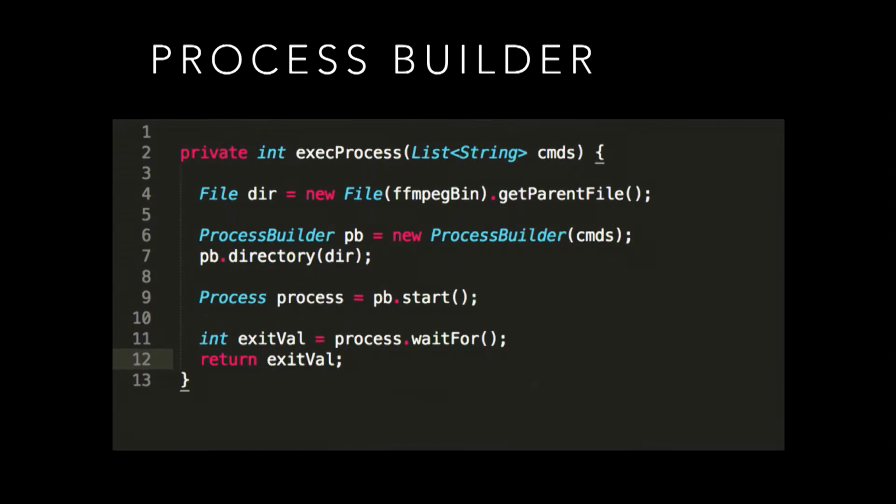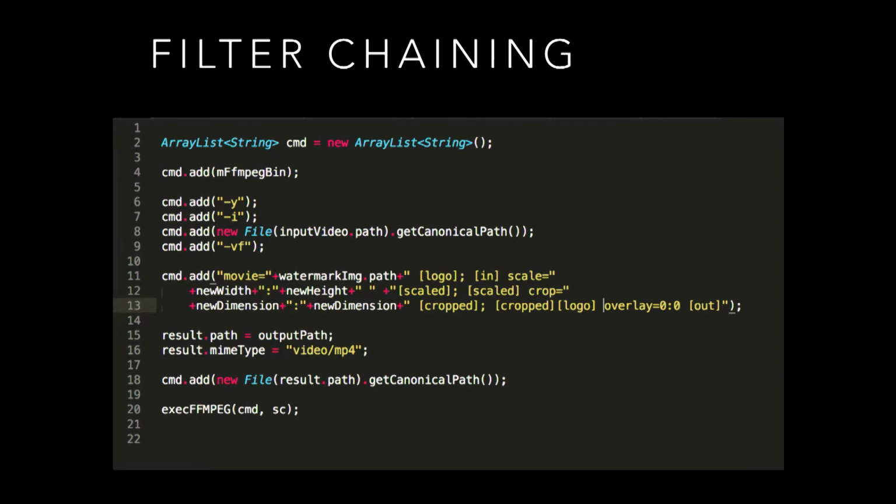So FFmpeg takes in commands using something called a filter chain. And as I mentioned before, the different video editing tasks like cropping, scaling, and overlaying are all known as filters. And when you chain them together like this here, it's just called the filter chain.